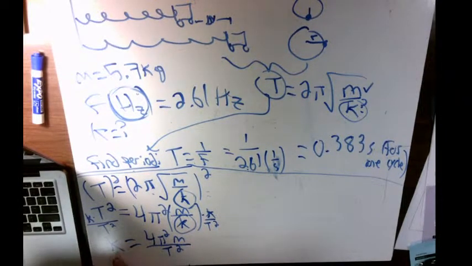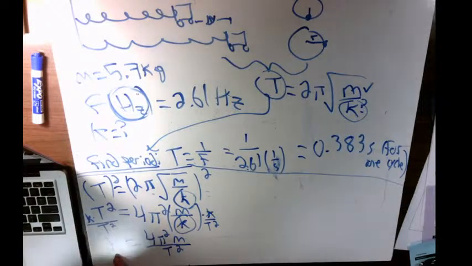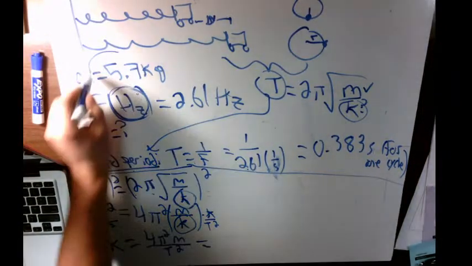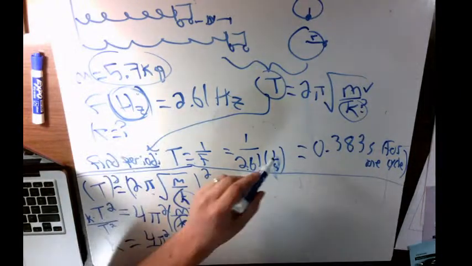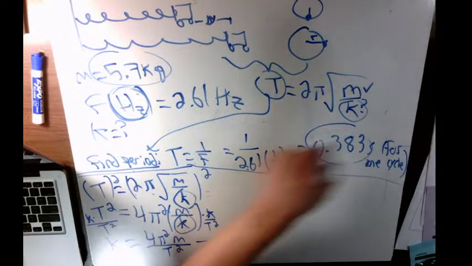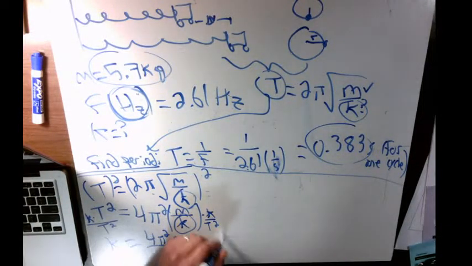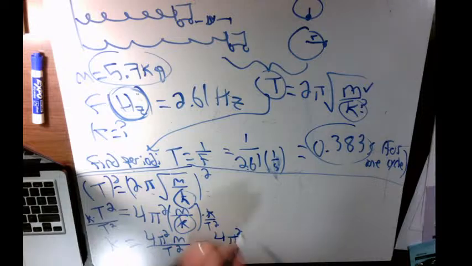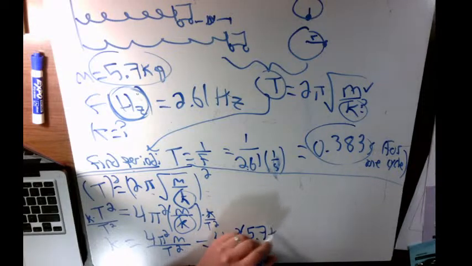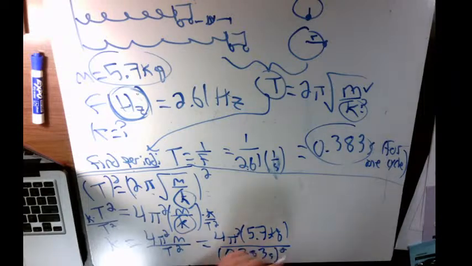Here we have it solved for our spring constant, and now we're able to put in the values we know for mass and for period. So spring constant is equal to 4 pi squared times 5.7 kilograms divided by 0.383 seconds squared.